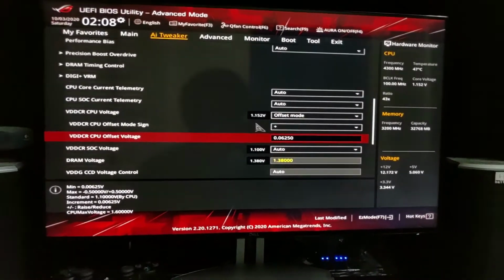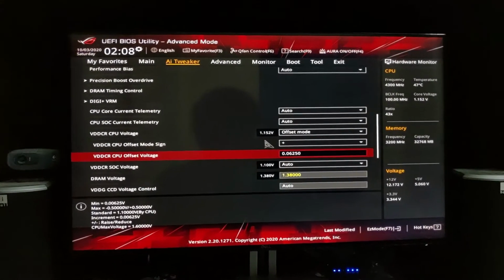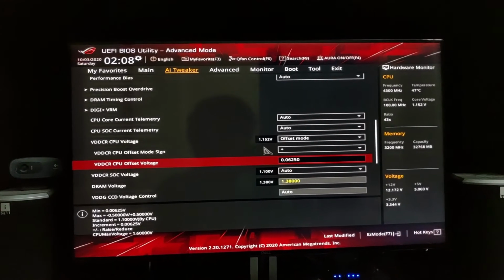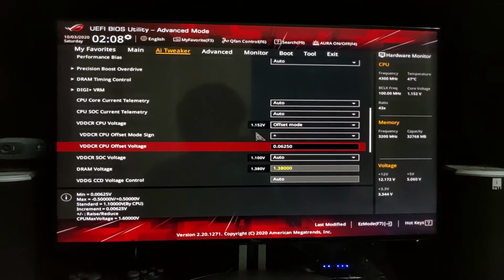Here there is a limitation for 24/7 usage, and AMD recommends that for the 3rd gen Ryzen CPUs you should not go above 1.4 volts for your CPU voltage for 24/7 operation.